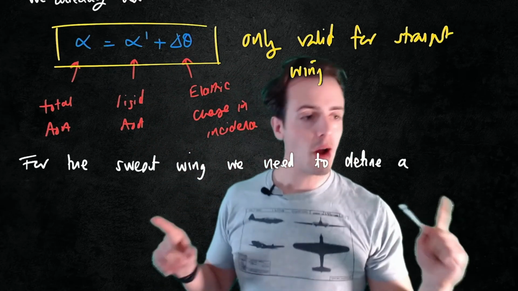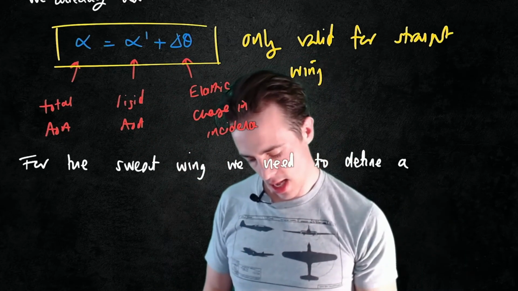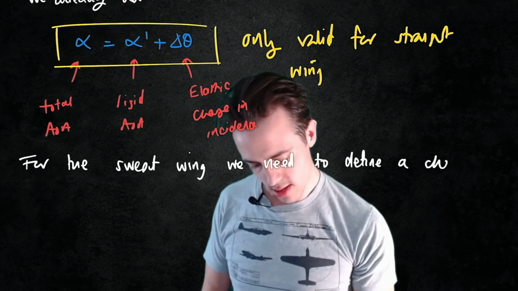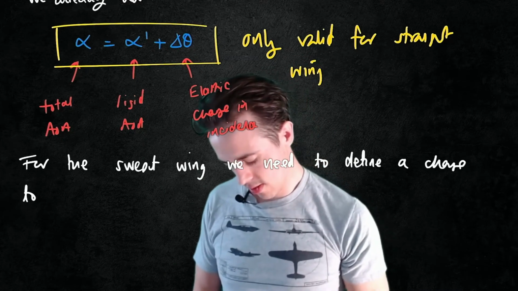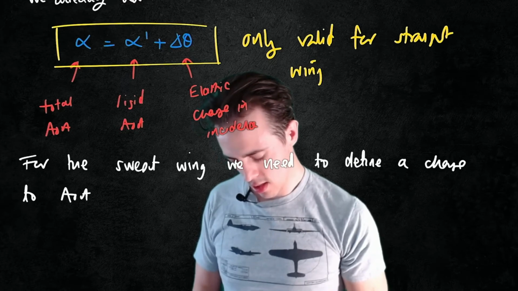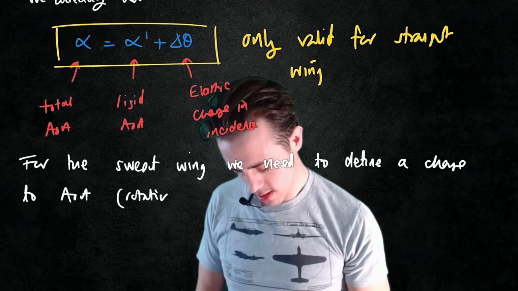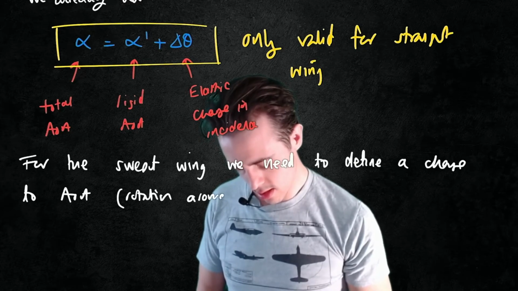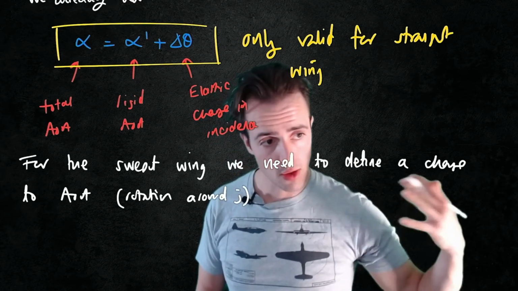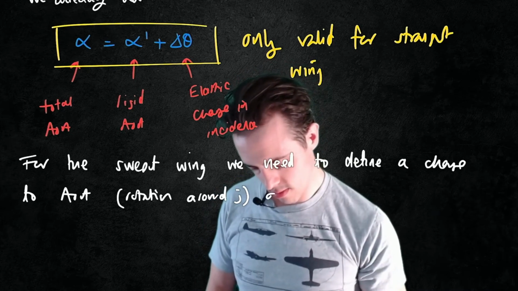Okay, so for the swept wing, we need to define a change to AOA, which is a rotation around j, due to both bending and torsion.